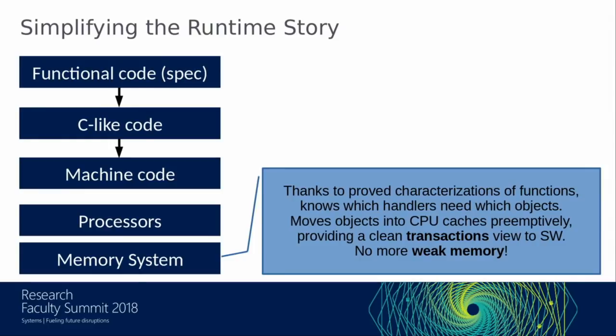So one other idea that we're thinking about is taking the high-level view we have of code to preserve down through this whole stack proved accurate characterizations of which objects in memory each function is going to need so that the memory system and the cache coherence protocol can move into place in the cache of whichever processor gets picked to run a function, guaranteed all the objects it's going to need so that when we actually run the code, we know exactly how long it's going to take, or we can at least get a much more accurate bound than before. So that's the idea there.